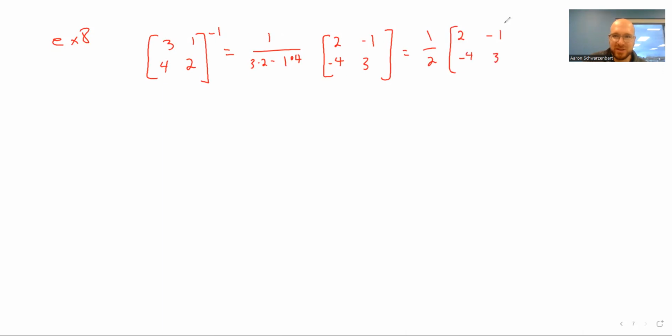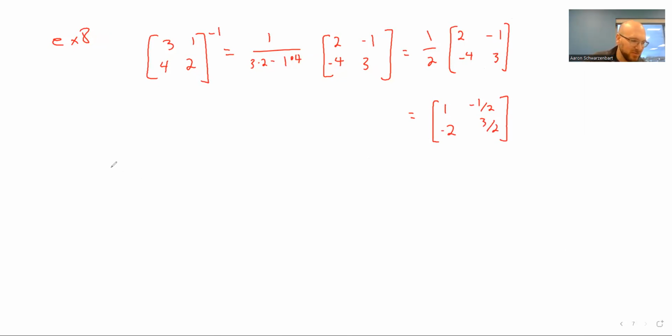And usually when I'm talking about an inverse, I distribute it to everything. I'm multiplying my scalar in. 1/2 times 2 is 1. 1/2 times -1 is -1/2. -2, 3/2. And that is my inverse matrix.